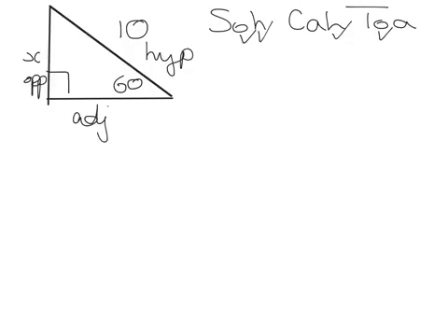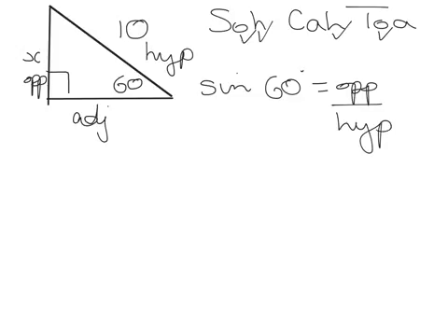So we are going to do sine 60 degrees is equal to the opposite side divided by the hypotenuse. So fill in the numbers. We have sine 60 degrees is equal to what we don't know, the opposite side, x, over the hypotenuse, which is 10. Rearrange to leave x by itself.